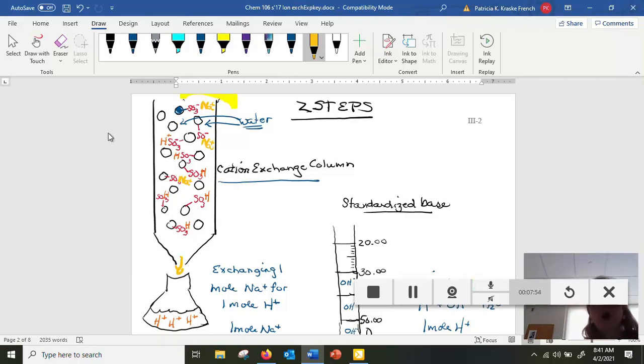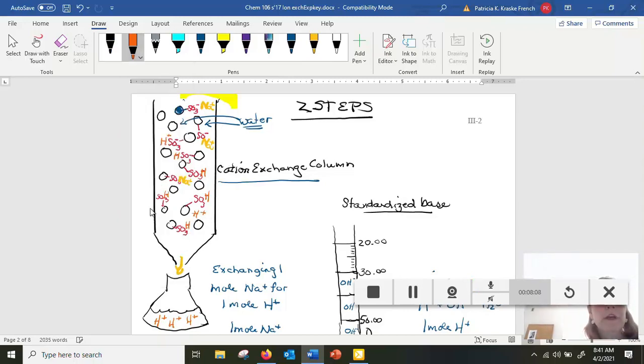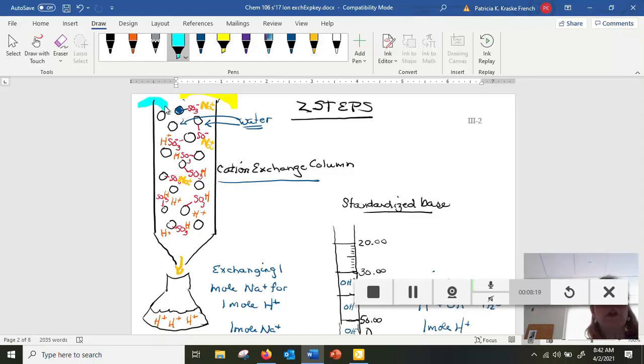Now, there's a problem. And the problem is that those darling little hydrogens can get stuck. Okay, they can get stuck. They've been kicked off, but they haven't made their way out of the column. So you have to flush the column with lots and lots of water.